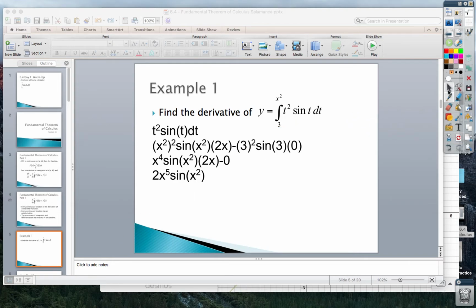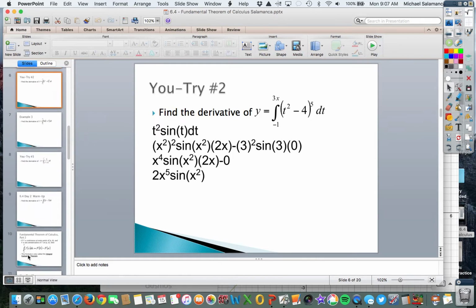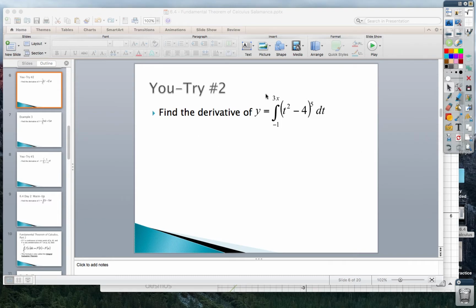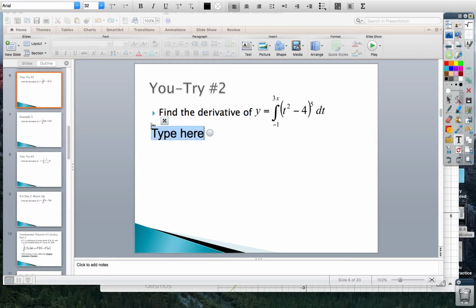So let's try another one. Find the derivative of y equals the integral from negative 1 to 3x of the quantity t squared minus 4 to the 5th power dt. Let's start off with the basics.